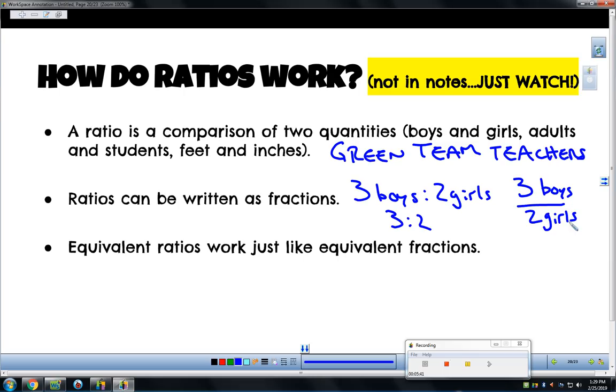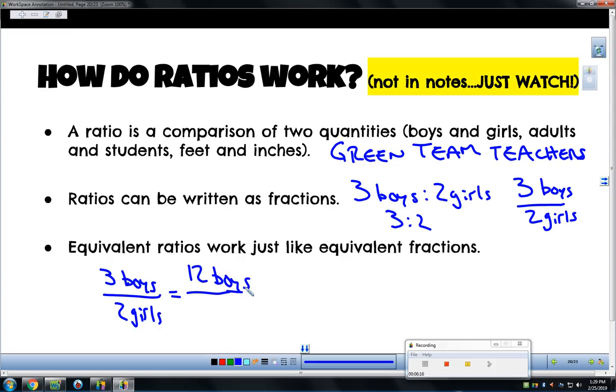Equivalent ratios work just like equivalent fractions, though. So let's say that on the green team, I have 3 male teachers, 3 boys, for every 2 girls. So this is one team. What if I told you that in the building there were a total of 12 boys?